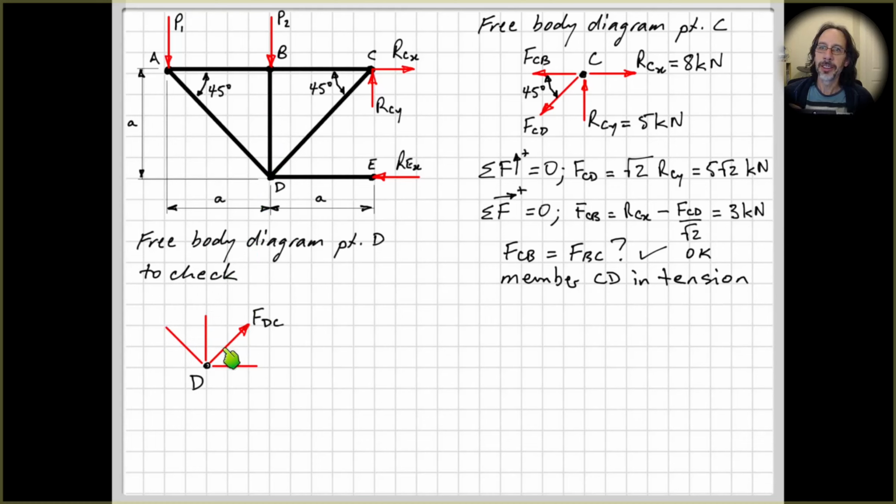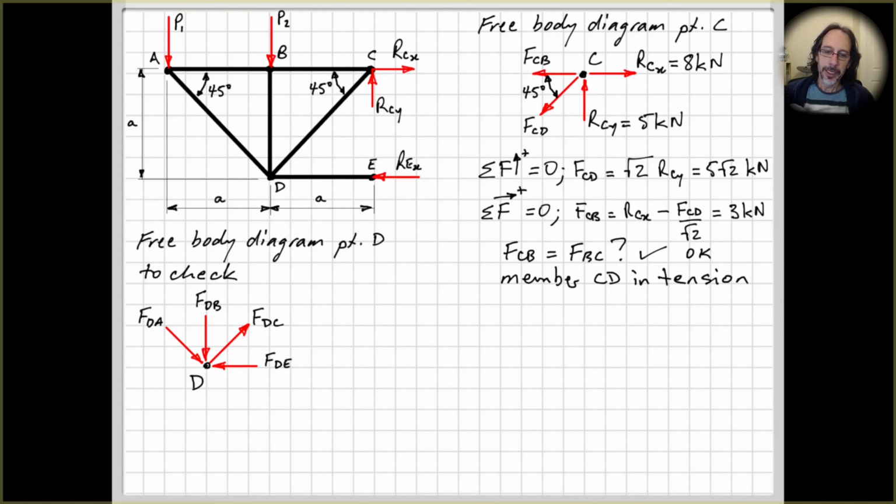And then you would be able to then calculate FDC and FDE. Here I've just put in FDA, which is equal and opposite to FAD that we calculated before. FDB, equal and opposite to what we calculated on the previous page. And our only unknown in this case would have been the sense of the force FDE down here.